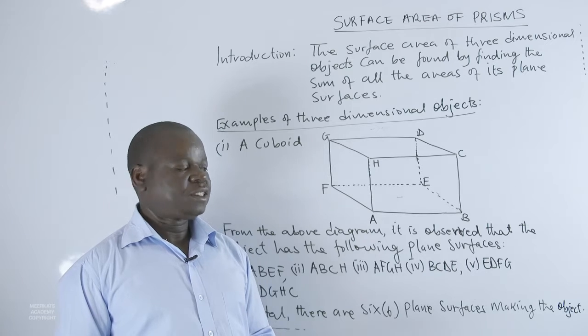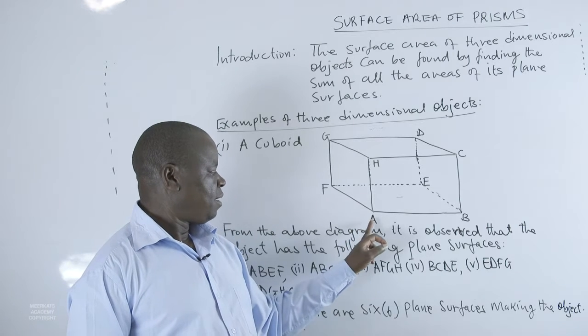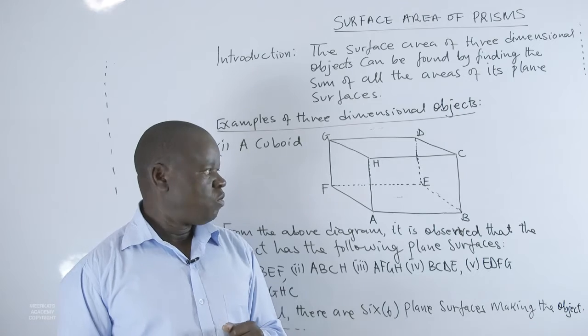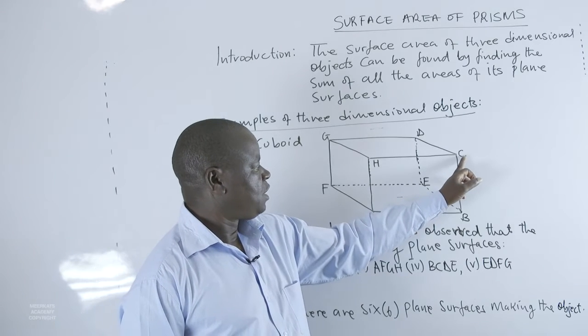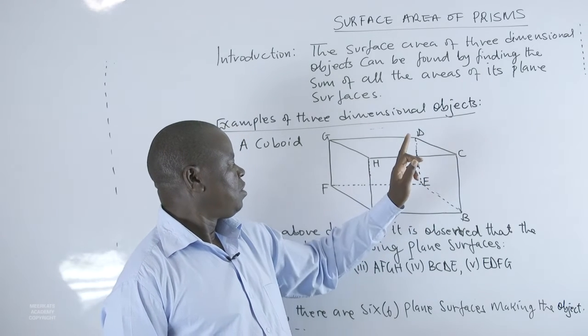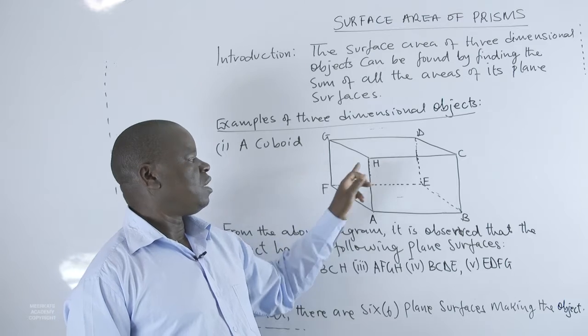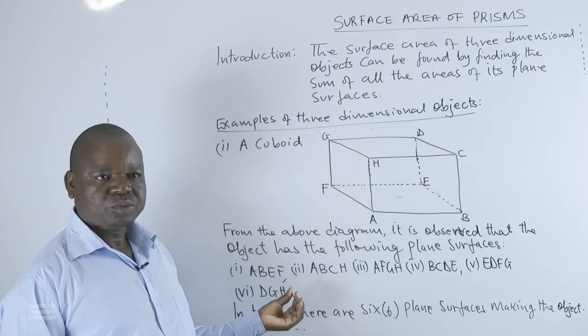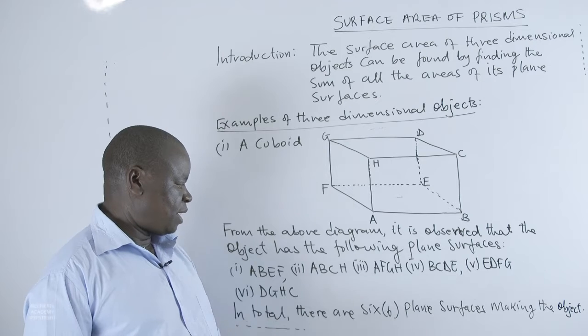Lastly, we have two planes that are similar. We have plane ABEF being similar to plane CDGH. So in total we have 6 planes. 2 are opposite and similar.